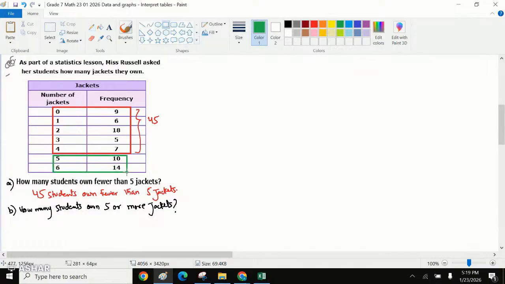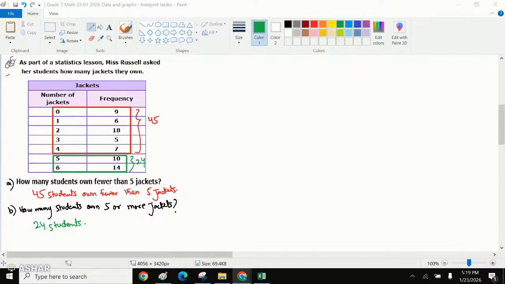So we simply say these numbers of people, that is 24. 24 students is the answer. For this, there are 24 students who own 5 jackets or more than 5. There are 45 students who own fewer than 5 jackets, right? Because it says fewer than 5. It never says equal to 5.